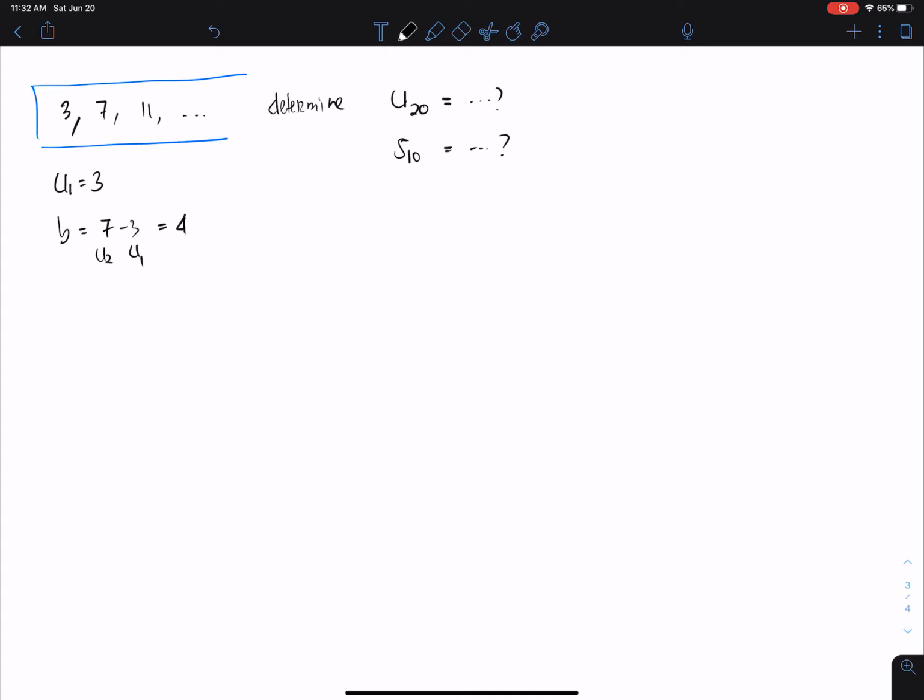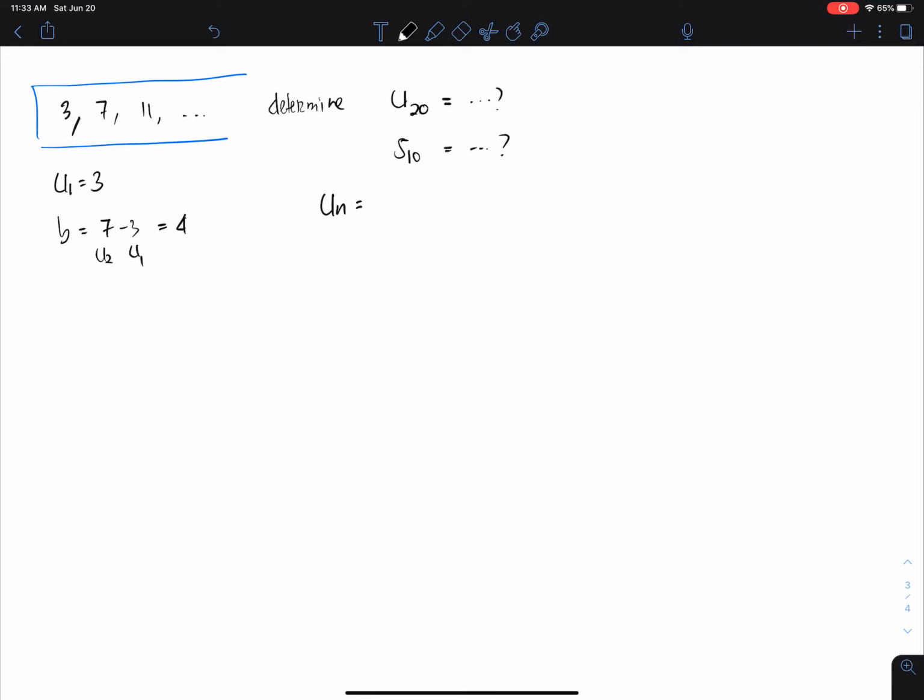Either you determine the Un first and then the Sn, it doesn't have any problems, or you just straightforwardly substitute the numbers into the formula. If you remember them, then it should be fine.